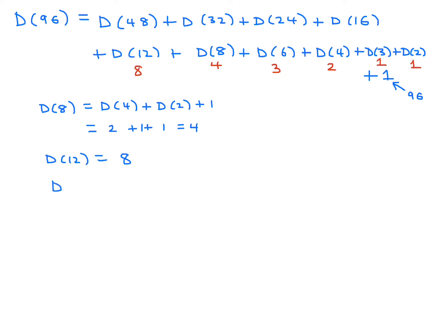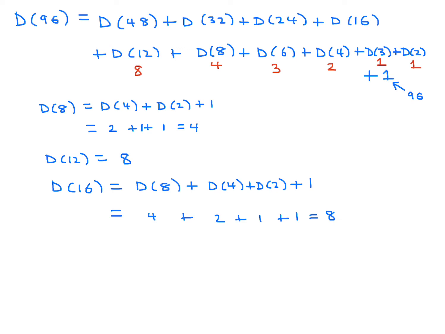What's next here? D16. Okay, so D16 with our same sort of philosophy is the sum of the D's of the factors. So D8, D4 plus D2 plus that 1 at the end. So that's going to be 4 plus 2 plus 1 plus 1, and that is equal to 8. So D16 is 8. All right.